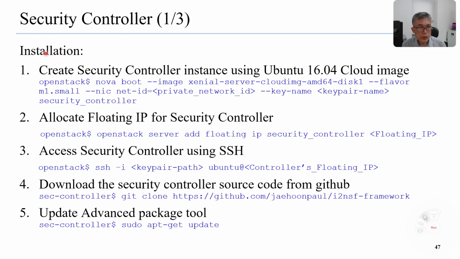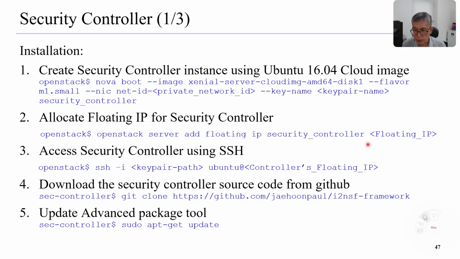So according to this installation, first create a security controller instance using the Ubuntu 16.04 cloud image with this Nova command, and then allocate the floating IP for the security controller using OpenStack server add floating IP.